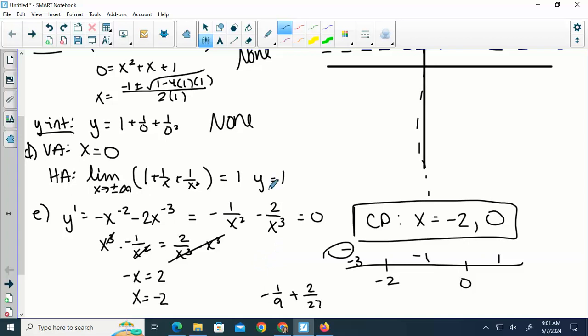If I put in negative 1, we get negative 1 over 1 minus 2 over negative 1, so plus 2 over 1, so that is positive. If we put in a 1, we get negative 1 minus 2, which is negative. So our graph is increasing between negative 2 and 0, decreasing elsewhere.